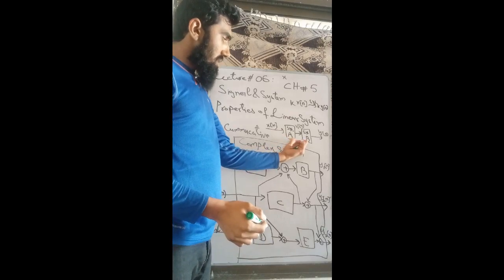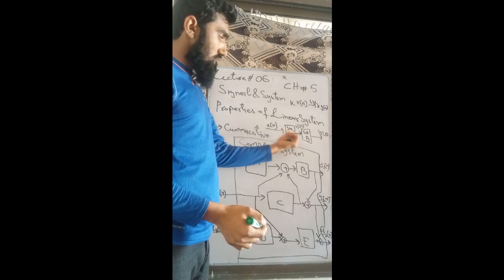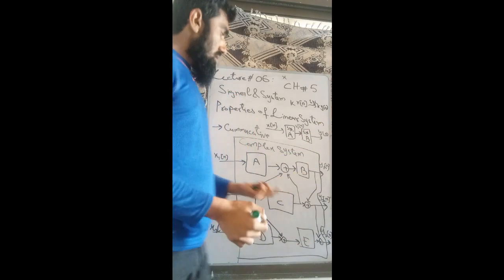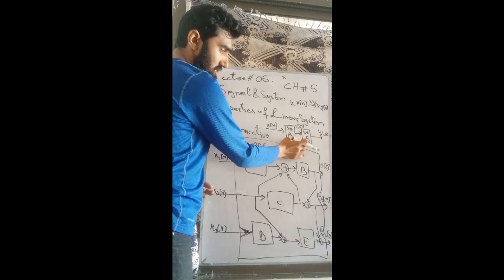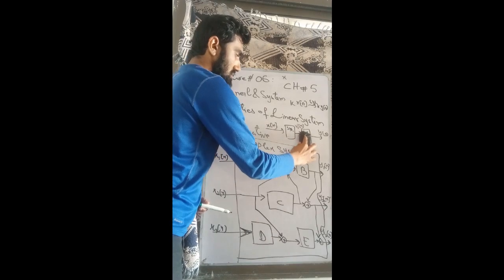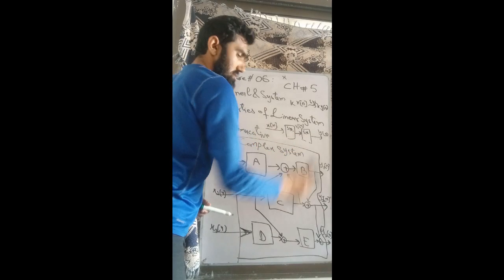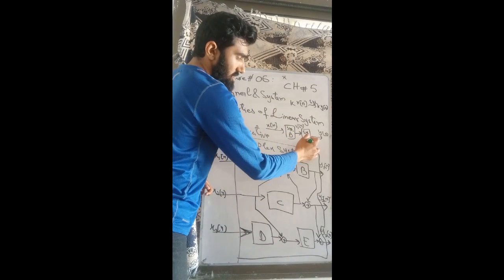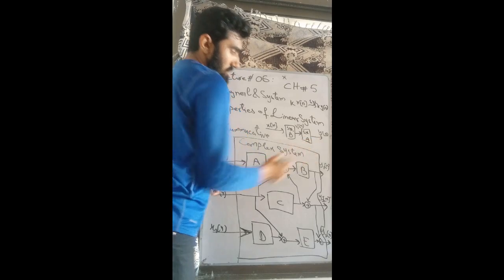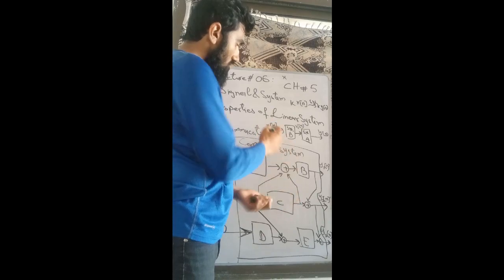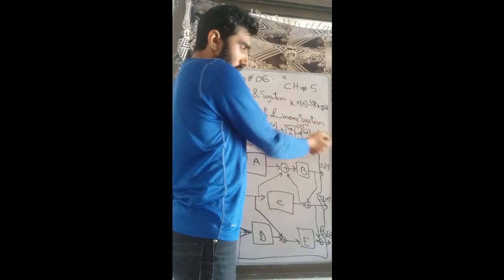If we have two systems a and b, and the signal first passes through system a and then system b, we get the output. If we change the order of the systems, let's suppose we have first b and the second is a, then if we pass the same input signal, we get the same output signal.